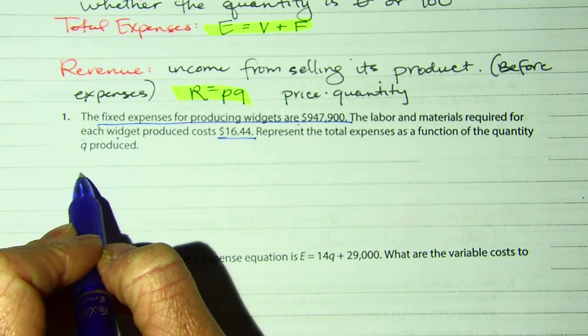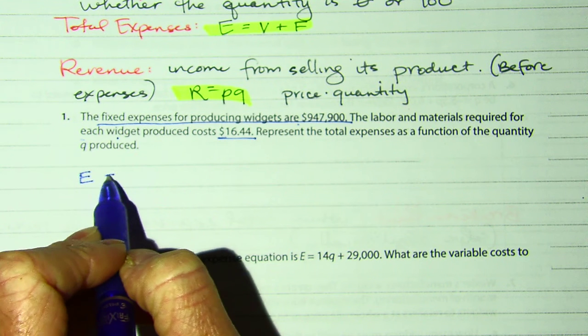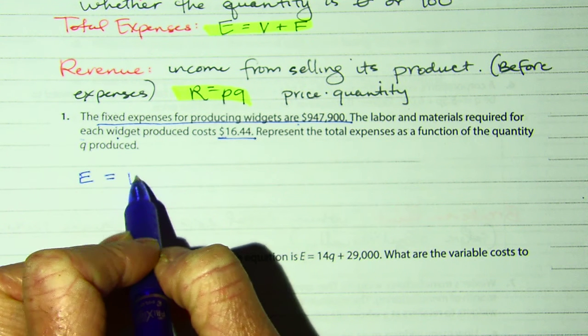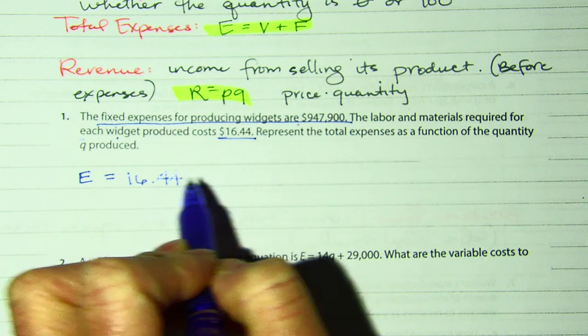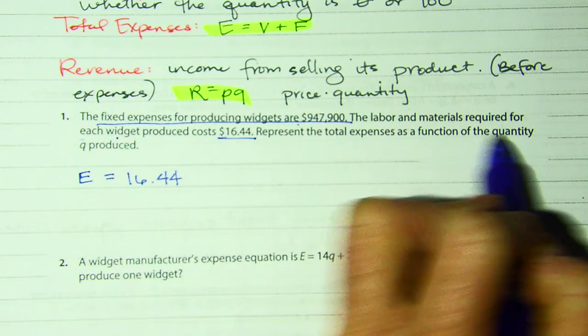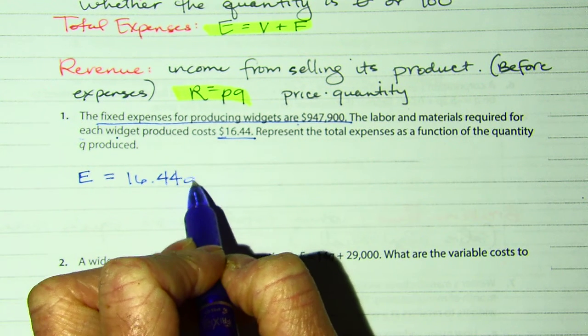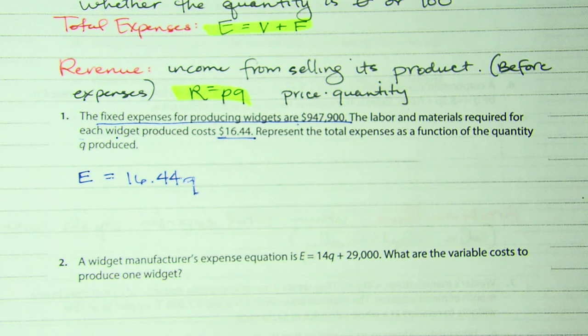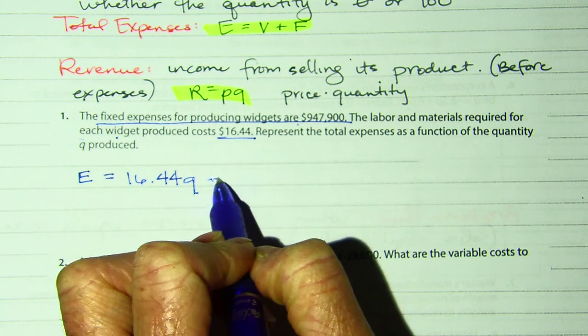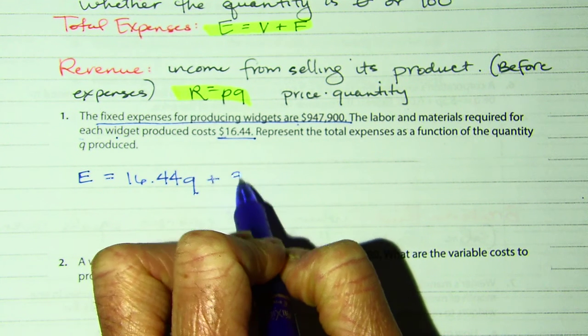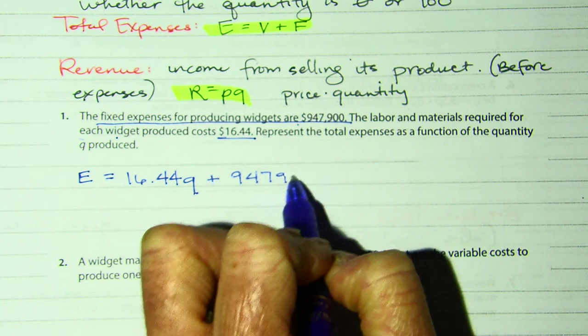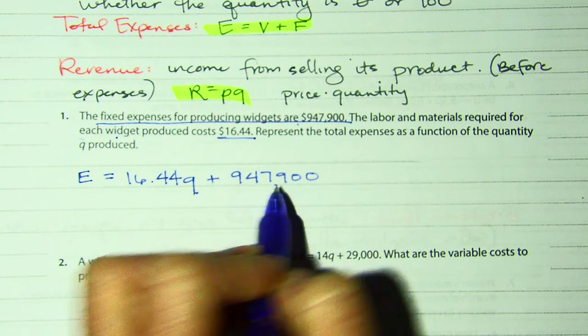So expenses equals $16.44 per widget, and it says the quantity Q. So I'm going to use Q, and make sure your Q doesn't look like a 9, plus your fixed. And so that's how I'm going to structure everything.